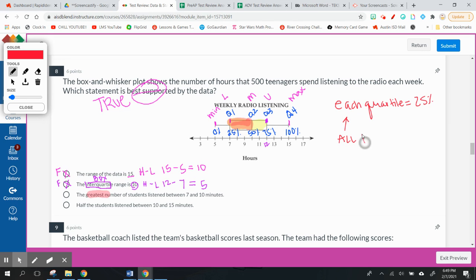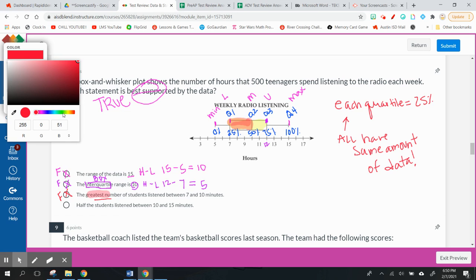They all have the same amount of data, the same number of people represented, even if it looks big or small. Remember, if it looks big, that just means the data in that section are really different from each other. If it's really small, then they're really similar. So we can't say that the greatest number of students watched between this amount, because each section has the same amount. They all have 25% of the data, so that would be false.